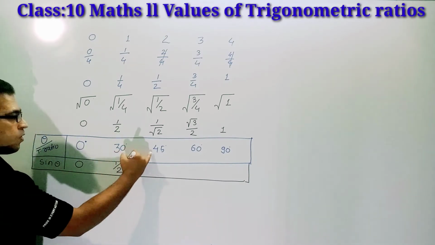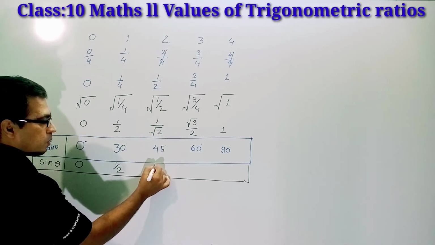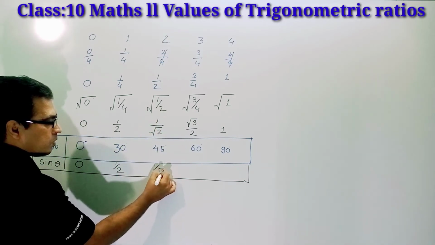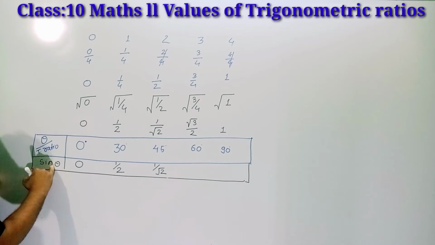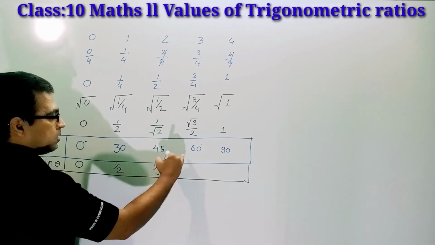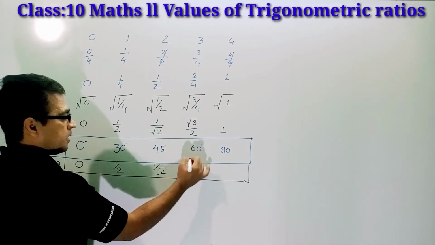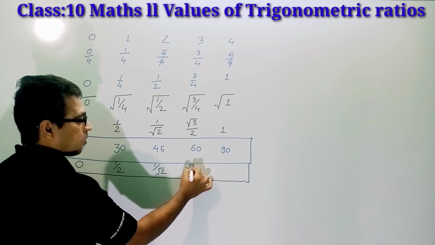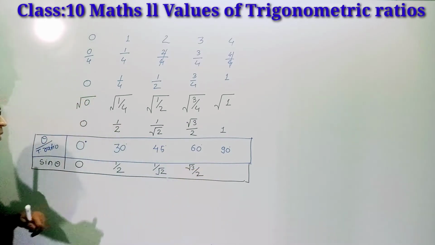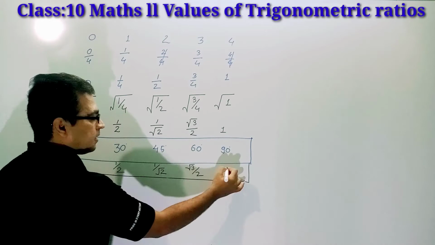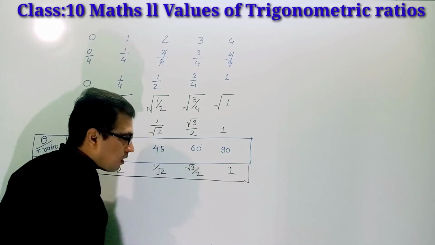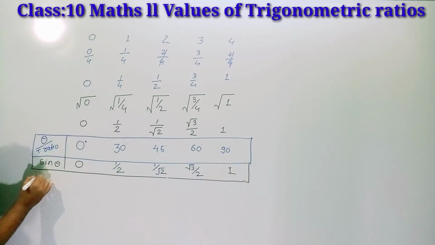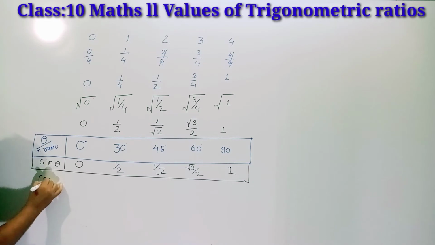Value of sine 45 degree is 1 by root 2. Value of sine 60 degree, root 3 by 2. Value of sine 90 degree is what? 1.